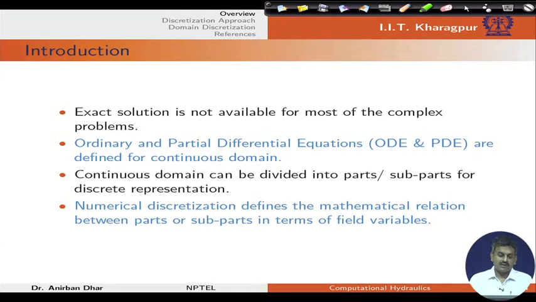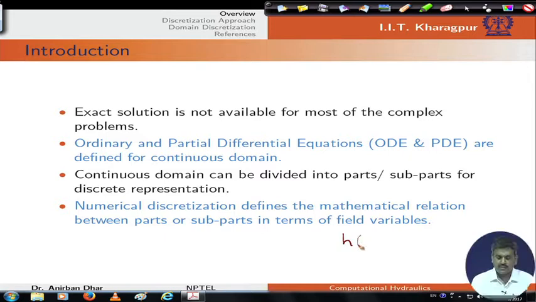Numerical discretization defines the mathematical relation between parts or subparts in terms of field variables. Let us say that in case of groundwater flow, the variable is h, which is function of x and t if we consider one dimensional space and time problem.